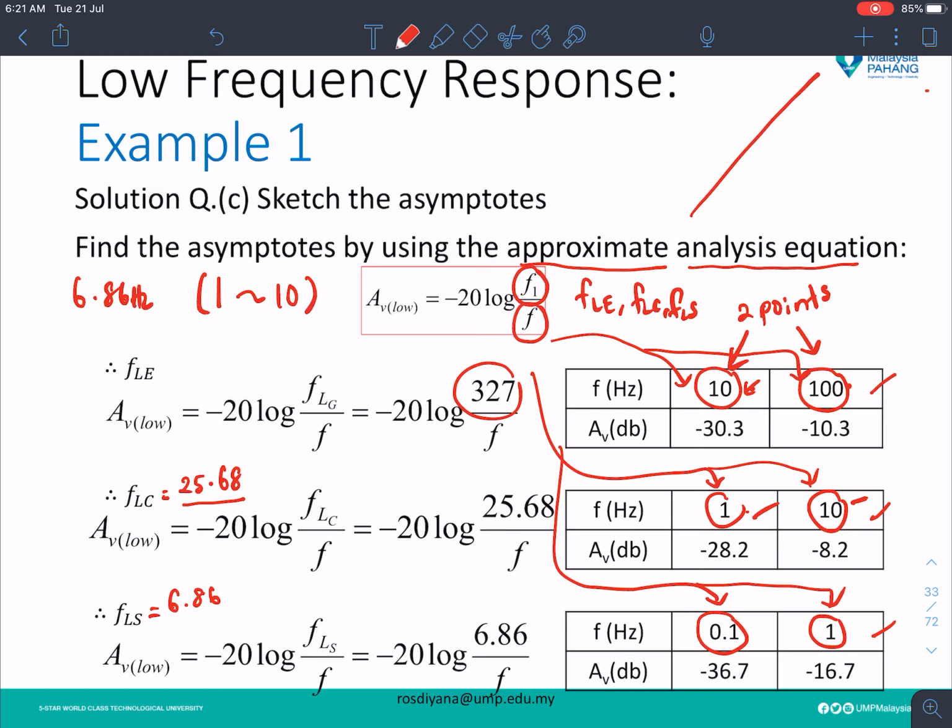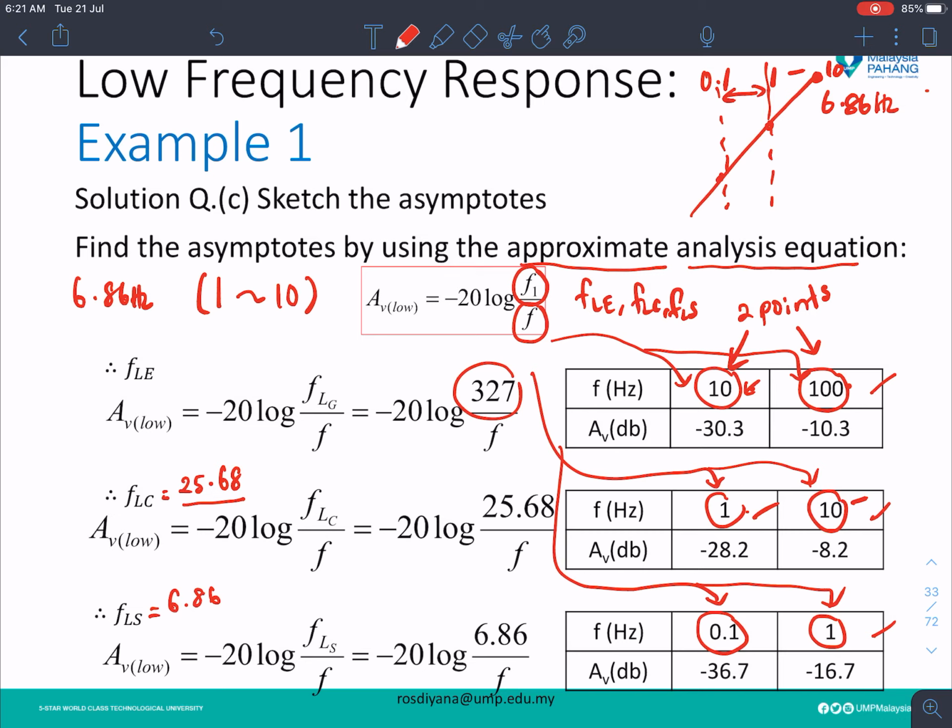So this is the actual value, 6.86 Hertz from here, and then another point here. 6.86 is at 1 to 10 Hertz, so we take another decade in front of its value, and it becomes 0.1 to 1.